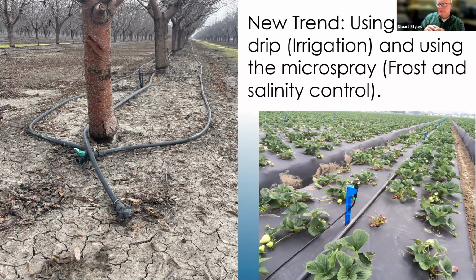I don't have a slide on it, but the quad system that I've seen out there, the vineyard guys here are doing it. They've got 2 drip lines that are on separate valve control. They have a microsprayer that's on frost protection control. And then they have a 4th line that's actually running along the base of the vines, and that one is connected to misters that are up above the vines.